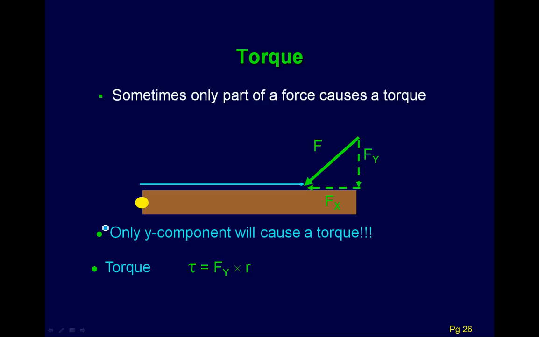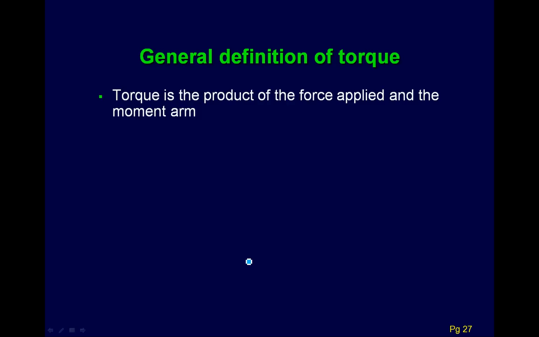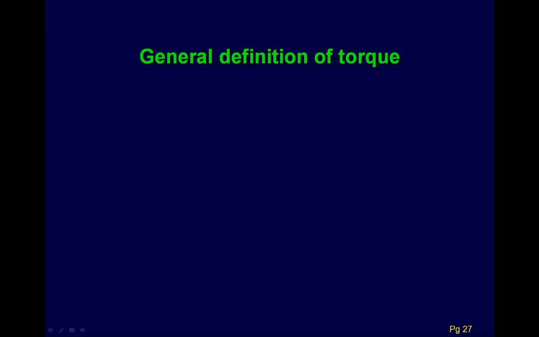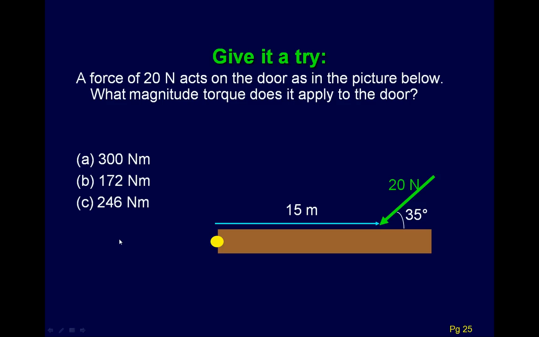All right, and so what we do is our torque is now going to be the y component times our distance r. And so in our case there, to figure that out, you find the y component times the r. So again, for this one here, our force in the y direction would be right here, and so our torque would be the force in the y direction times that distance r.